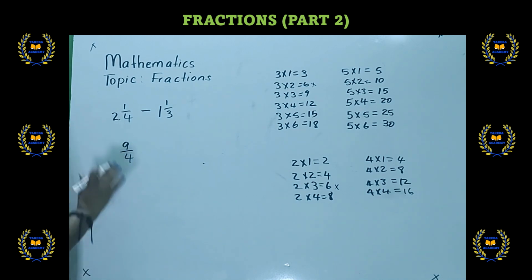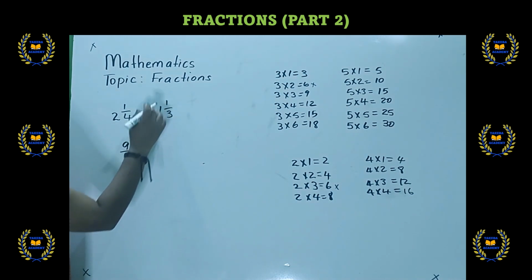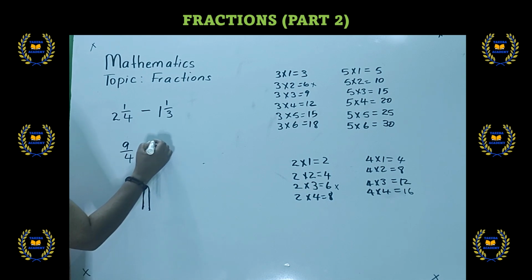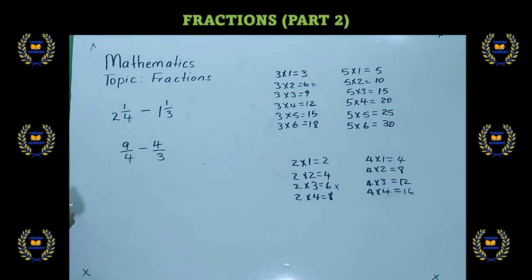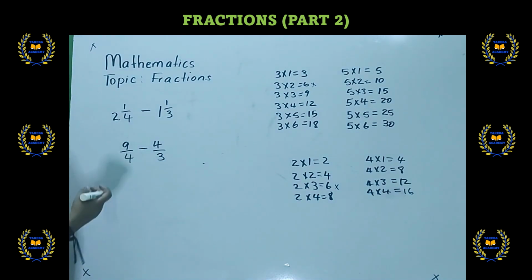That's our first fraction. We're just rewriting it as an improper fraction. The sign stays the same. 3 times 1 is 3, 3 plus 1 is 4 over 3. So we simply rewrote our mixed numbers as improper fractions.